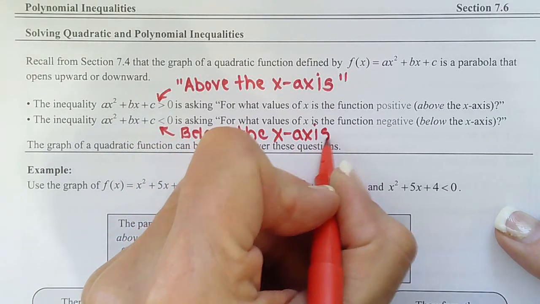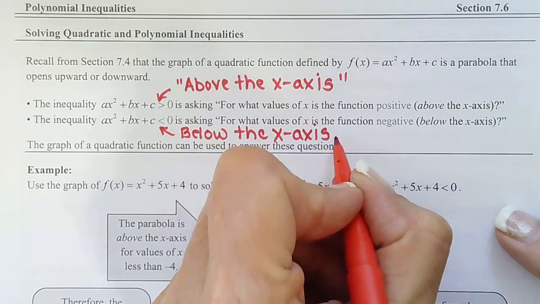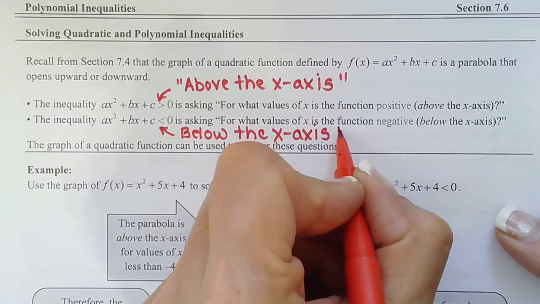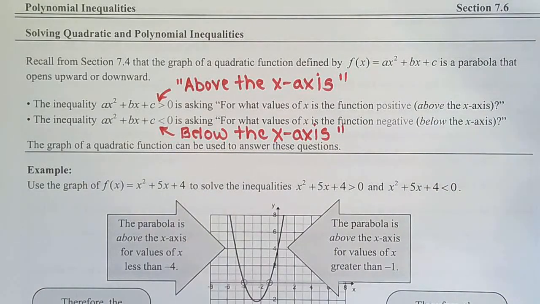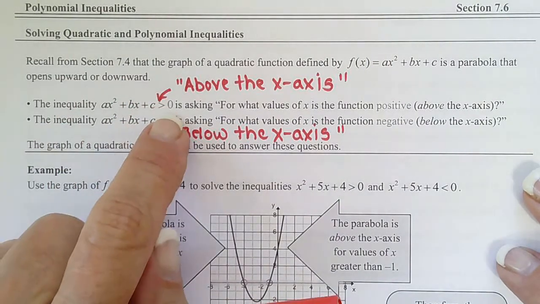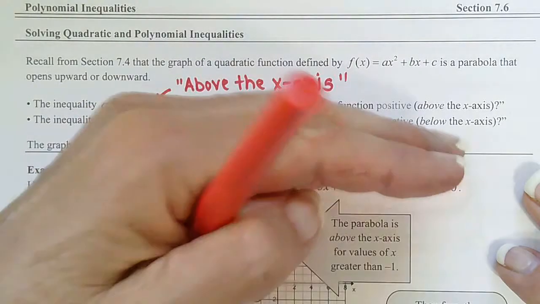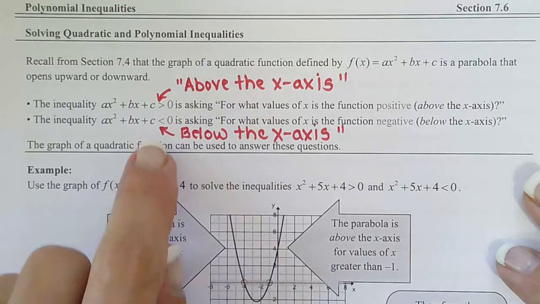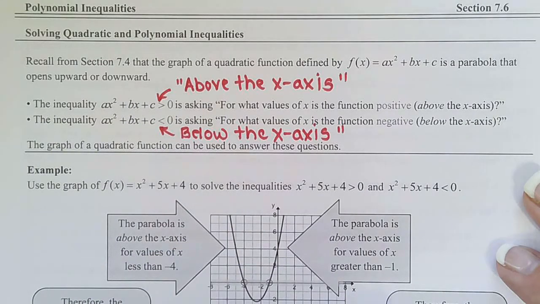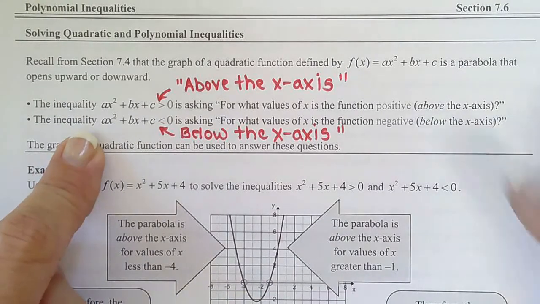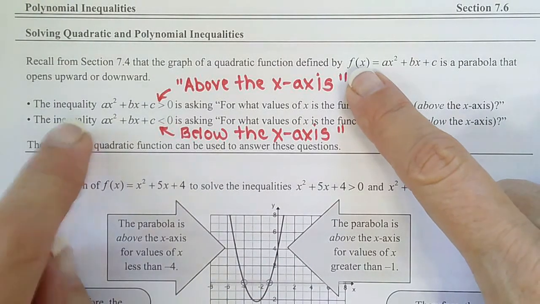Once you get a grip on those, it's not very hard to understand this section, but a lot of students struggle with inequalities and don't really understand what they mean. So greater than 0 is positive. Positive numbers are above the x-axis. Less than 0 are the negative numbers. The negative numbers are below the x-axis because we're talking about y's, because notice that the greater than or less than 0 took the place of y.